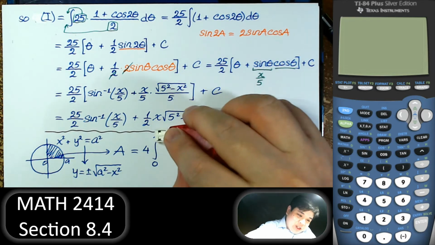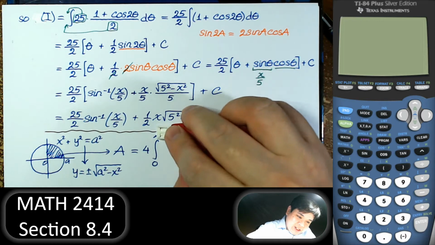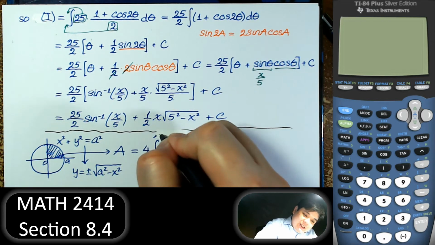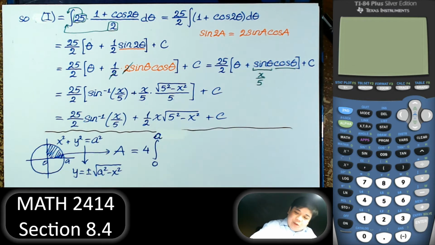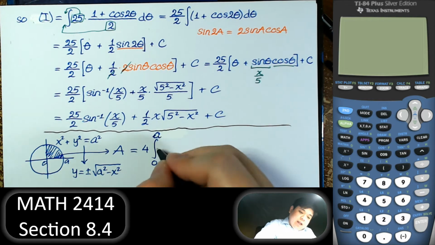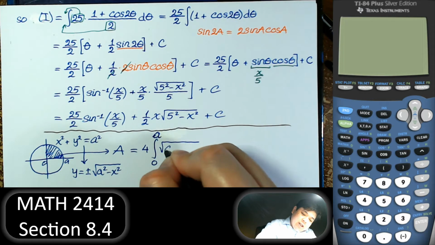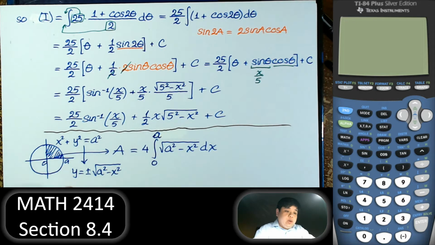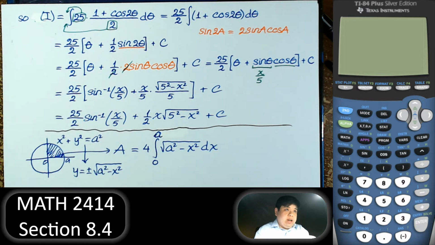This is not Cal 3, so I'm not going to do that. From 0 to a, and then we have the square root of a squared minus x squared dx. We use what we just have and we can integrate.